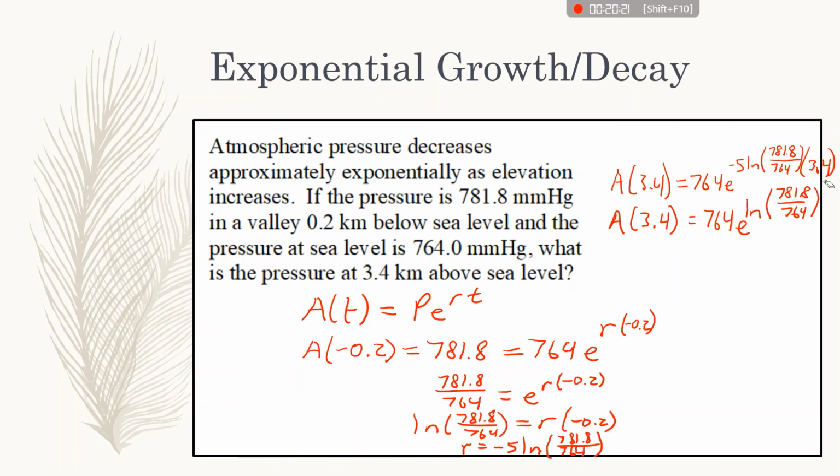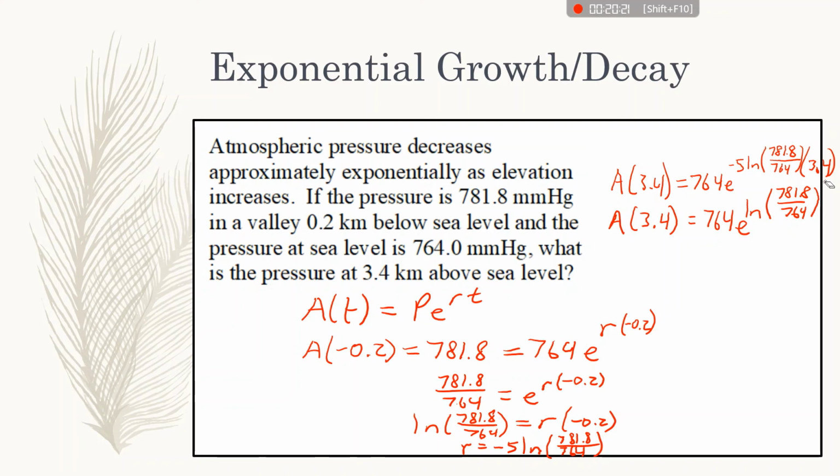So that's 781.8 divided by 764, raised to the power of negative 5 times 3.4. Gives me 516.48 millimeters of mercury for our atmospheric pressure.